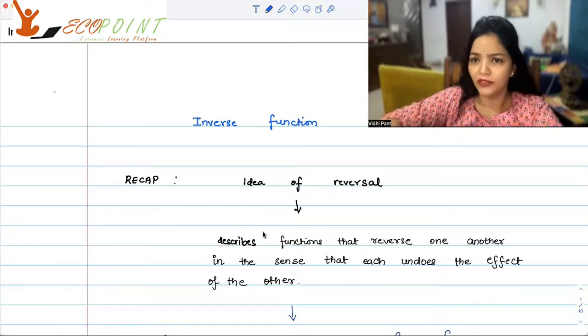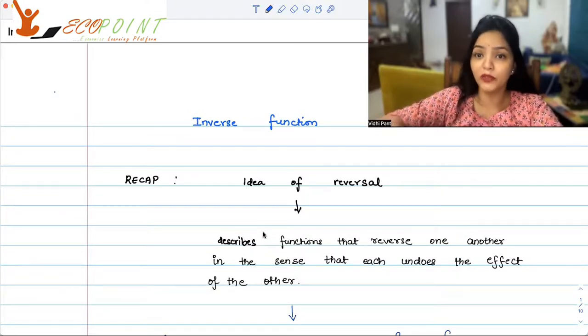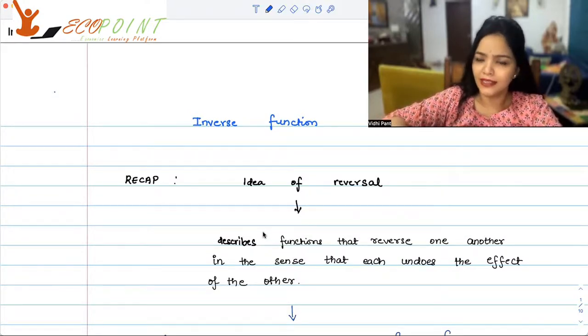In general, the moment you think about the word inverse, what comes to your mind is the idea of reversal. If we start from point A and reach point B, is there a way to go from B to A as well? If there is, that means we're able to reverse, right? That's the whole idea of an inverse function as well.